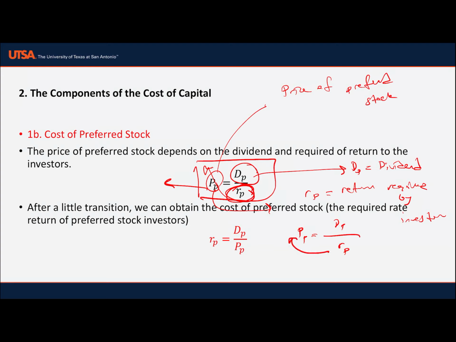I just put R here, so R_P is equal to dividend paid over price of preferred stock. So after a little manipulation, we can obtain the cost of preferred stock. The required rate of return for preferred stock is illustrated here.